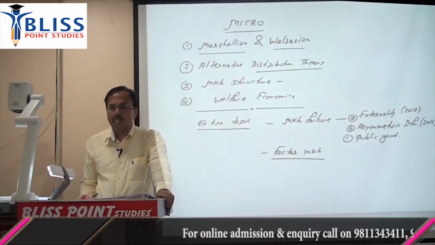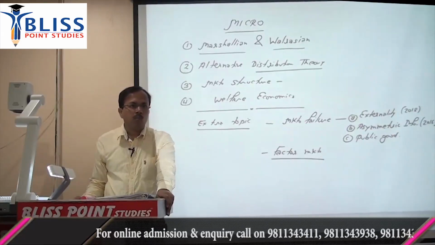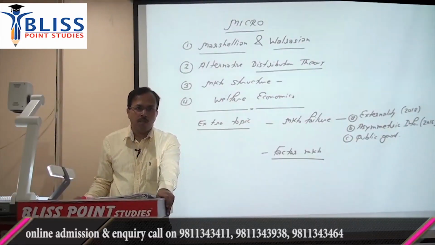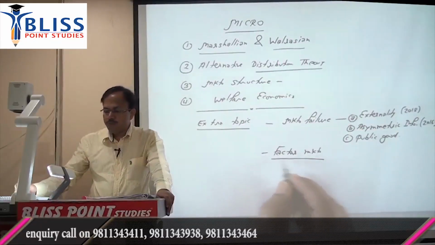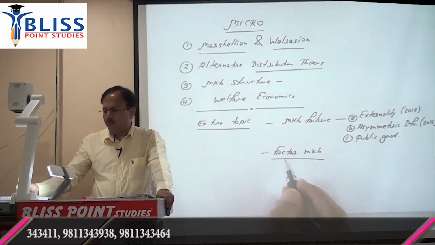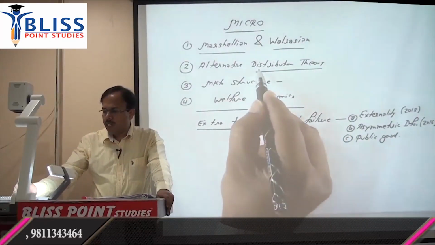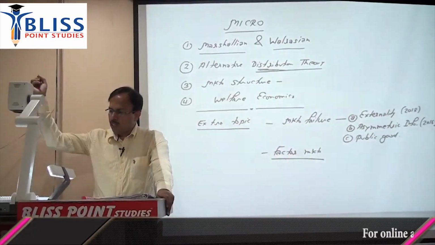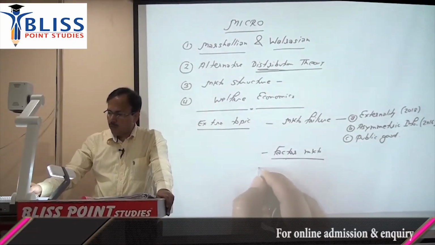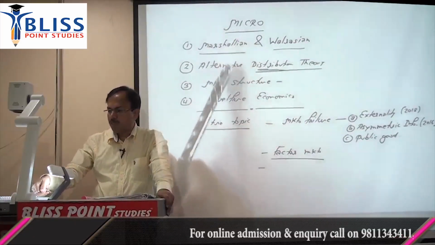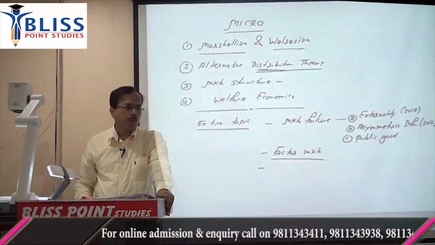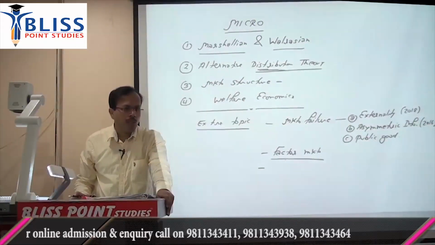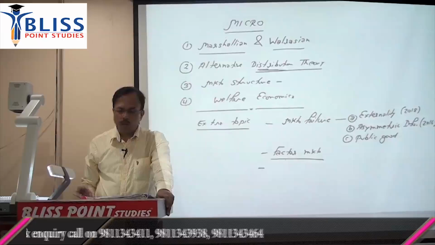What is monopolistic exploitation of labor? That will be covered under the factor market, and that factor market could be considered as an extension of this distribution theory also. Then within extra topics, what is not mentioned here is consumer theory, and consumer theory is a basic part of micro.